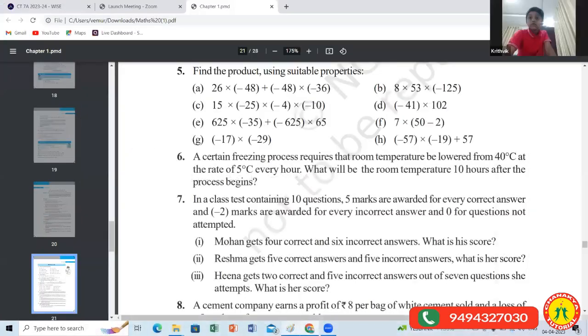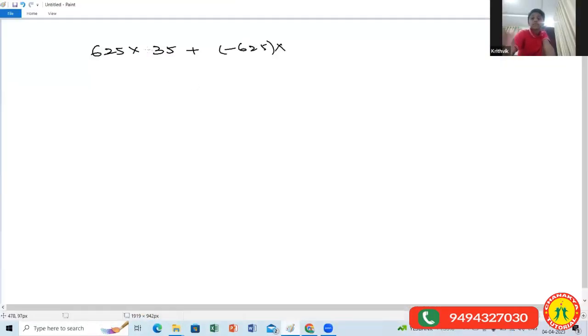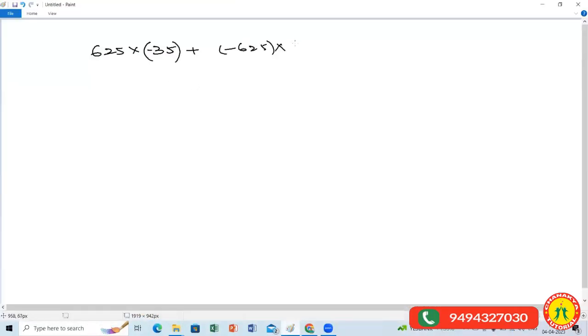625 into 35 plus minus 625 into what is the number given here? 65. No, 65. This is also minus 35. This is also 65, right?